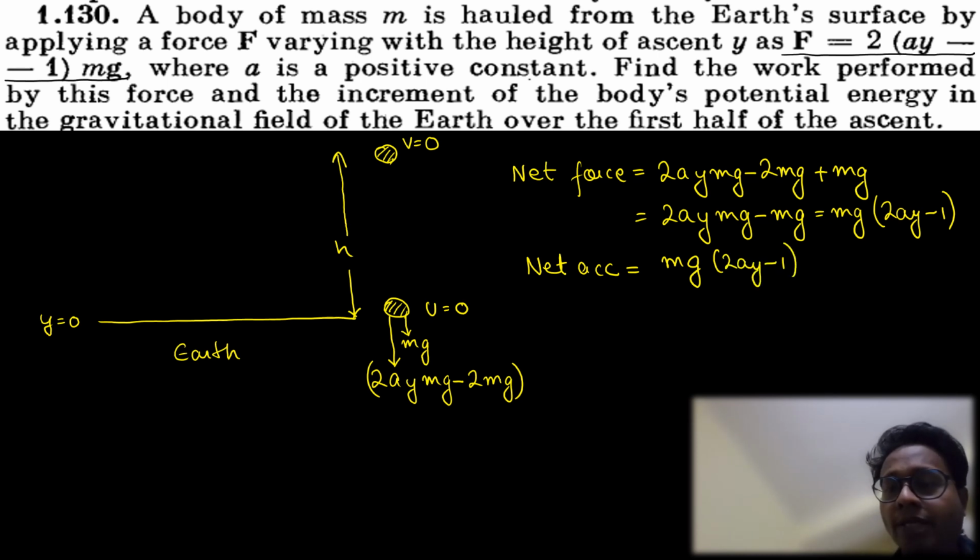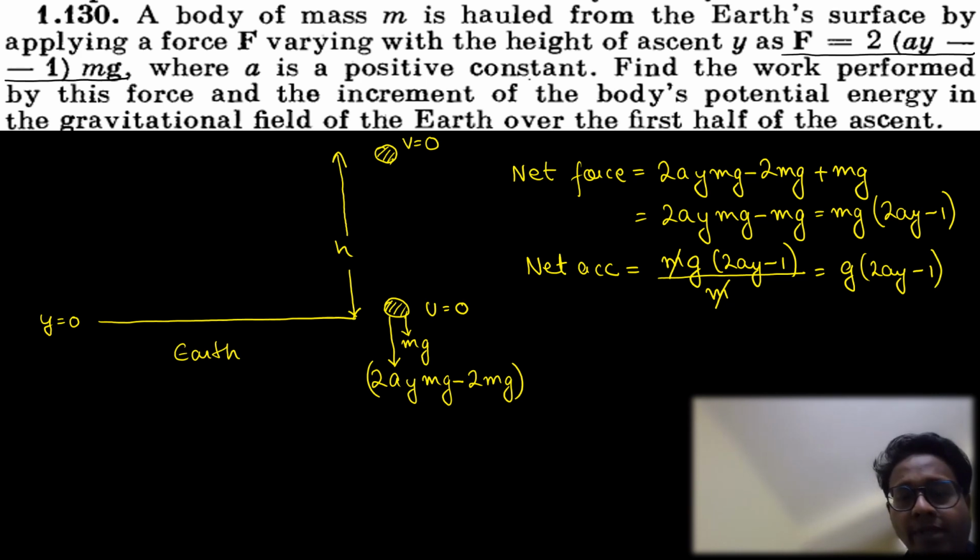So mg(2ay minus 1) divided by mass, mass gets cancelled, giving g into (2ay minus 1). So the acceleration of the particle is g(2ay minus 1).